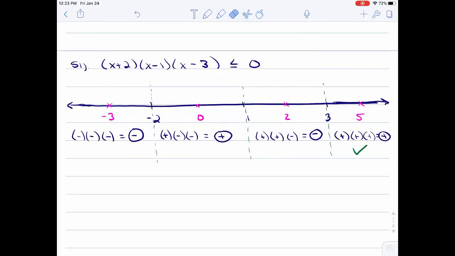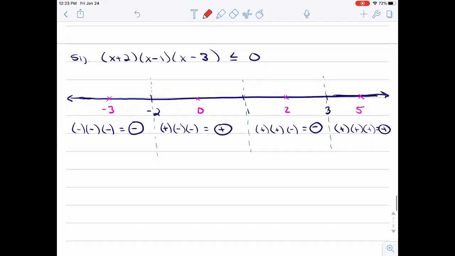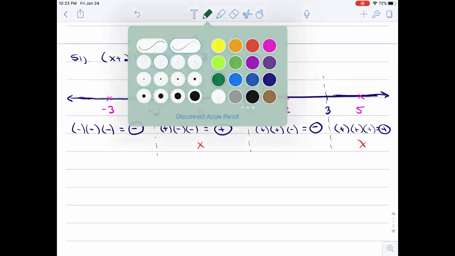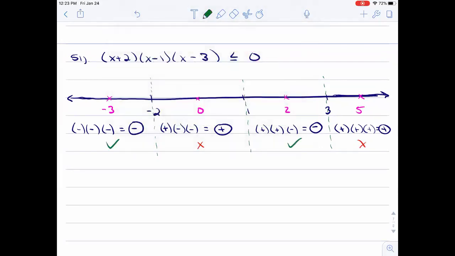Just checking. No, sleeping on the job here. Less than or equal to. That's good. This one's out and this one's out. Just changing things around here. Phew. Otherwise, when we go to check it on Desmos, I would have had to do some backpedaling.